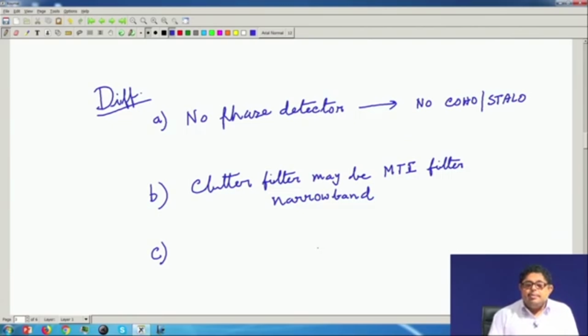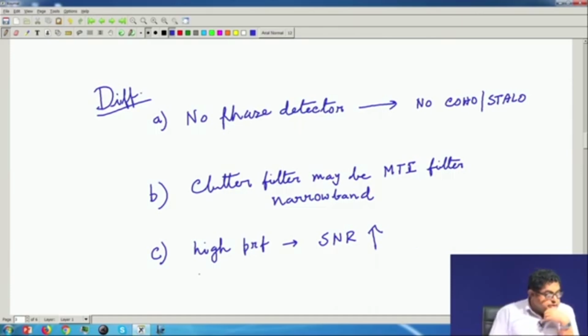Then, due to high PRF, as the pulse Doppler works on high PRF, high PRF means a lot of average signal power. So, high PRF says that SNR is high, SNR improves.